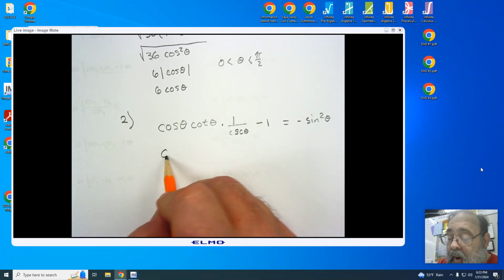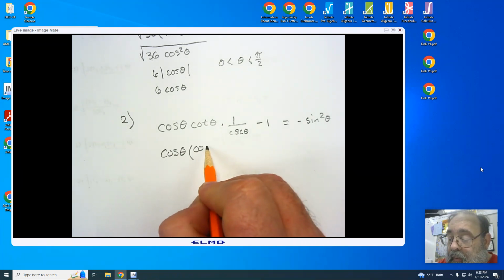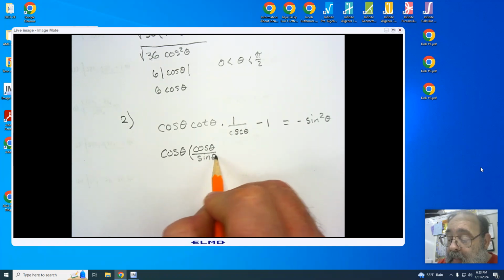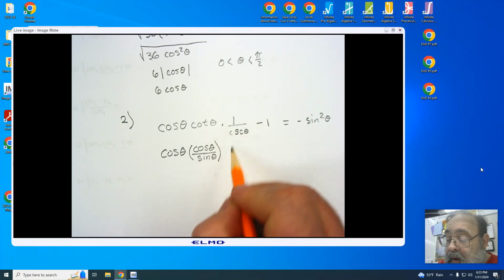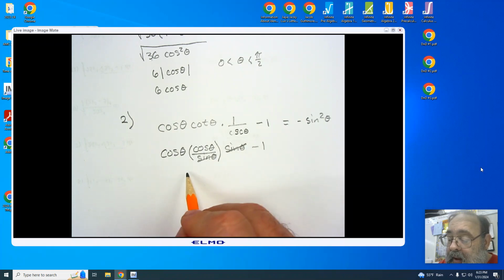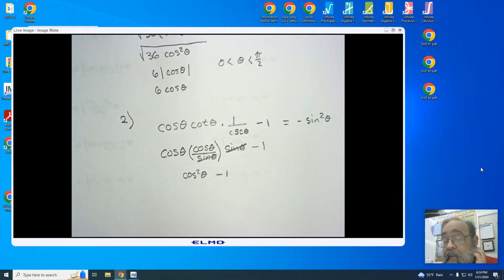Now, once I replace my ratio identity of the cotangent, which is cosine of theta divided by sine of theta, and my reciprocal identity, 1 over cosecant, is the sine of theta, I can clearly see that the sines of theta are canceling, and I have a cosine squared of theta, minus 1. Now, we just went through this idea that 1 minus sine squared theta was cosine squared theta.